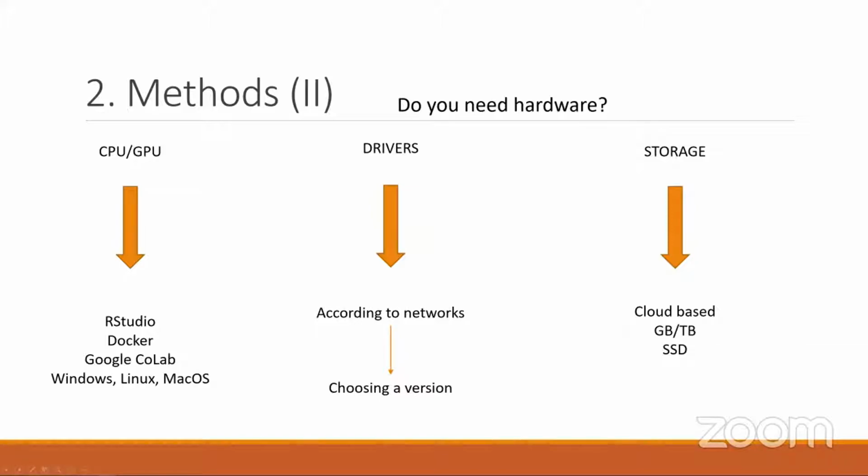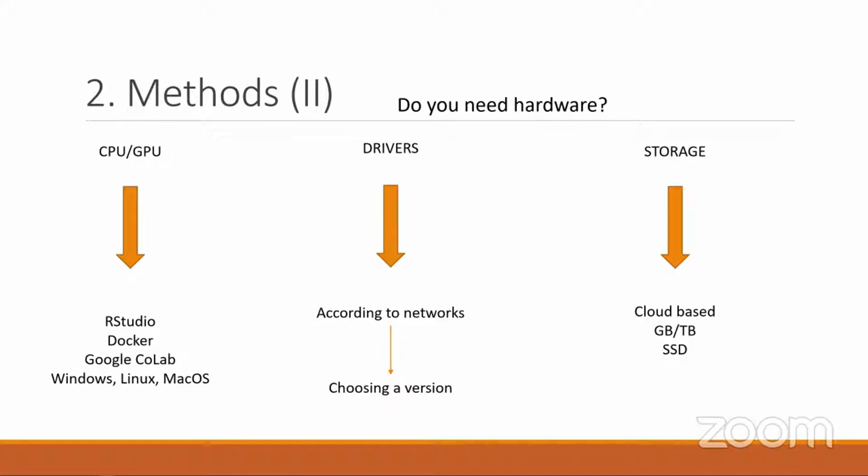Another thing during the methodology that we need to take into account is if we need extra hardware to produce our project. For example, if we are talking about some electronic health record data, we might not need high processing equipment, so we can just work with RStudio and our CPU.